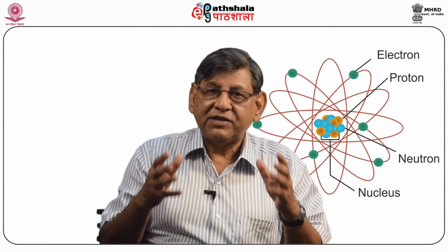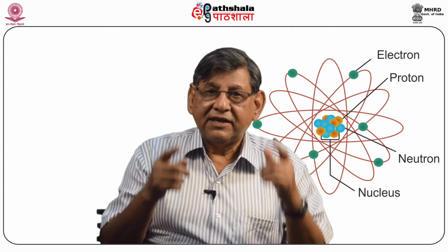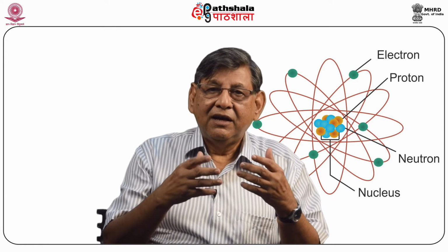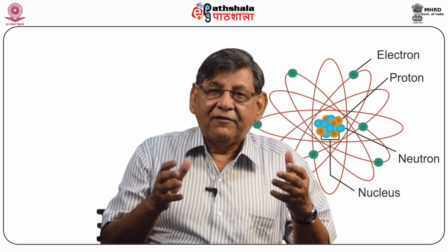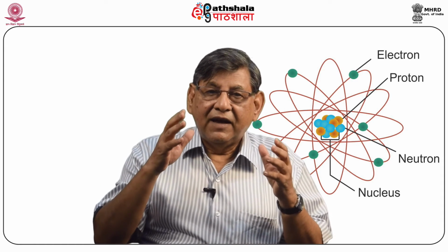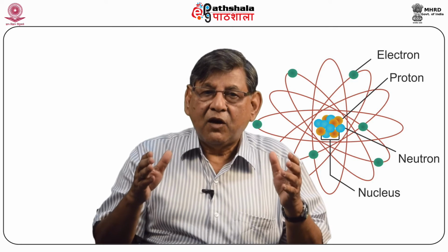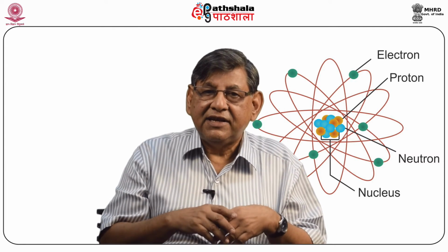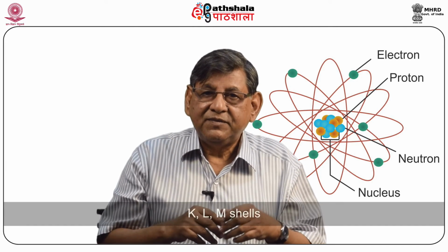According to Bohr's theory, electrons can only move in circles, but in real practice you can have elliptical orbits as well. For this, we have to explain how both circular and elliptical orbits are arranged in different types of shells like K, L, M shells and so on.